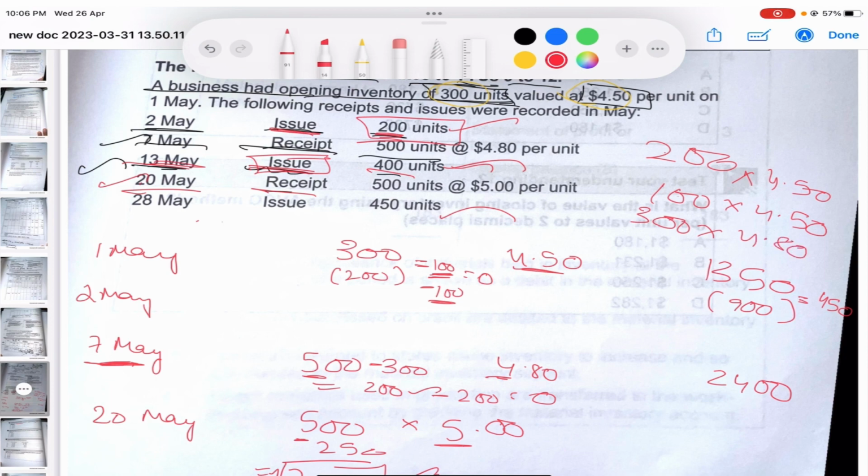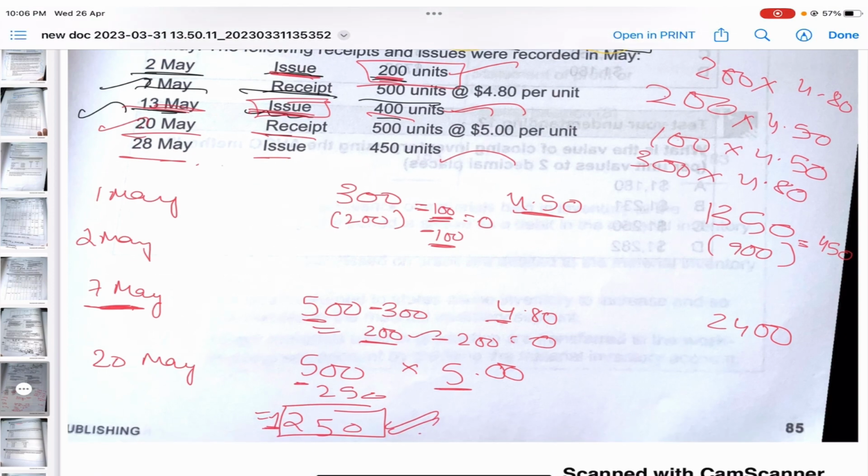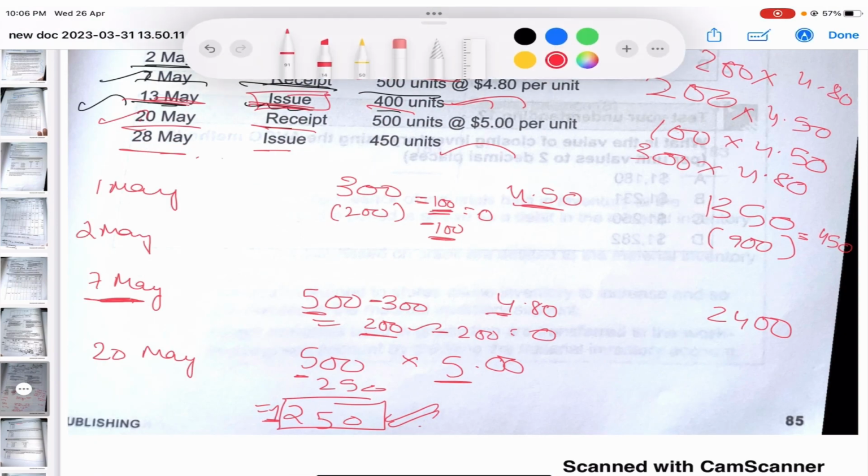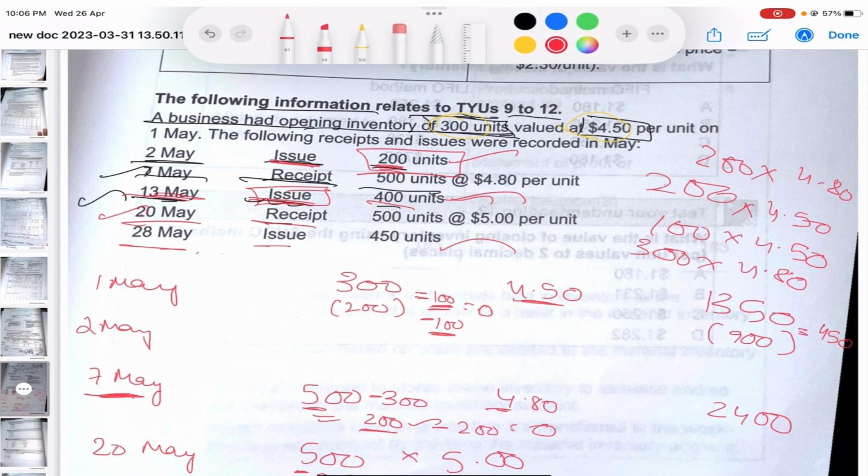Alright. And then my last issue of 450 units. So 200 was from here, so I'll write 200 multiplied by 4.80. And my balance 250 was at 5.